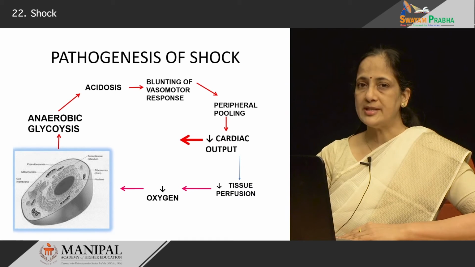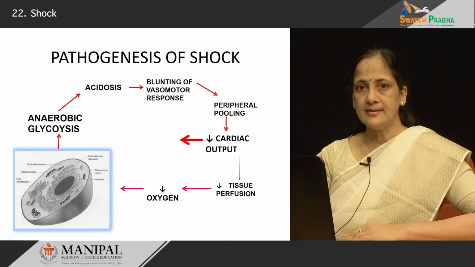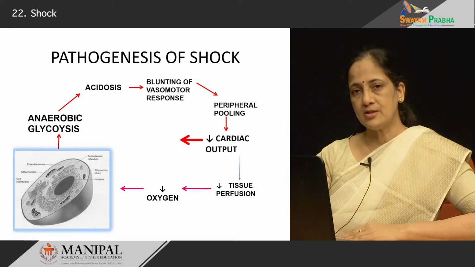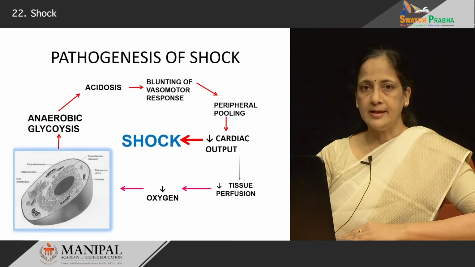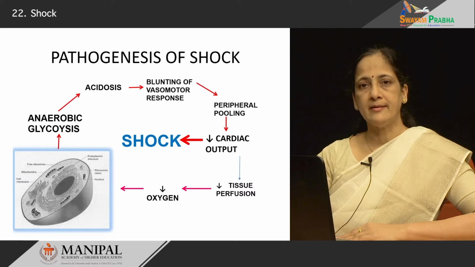This in turn will decrease the venous return to the heart and therefore reduce the cardiac output, and that is going to again cause decreased tissue perfusion and decreased oxygen supply to the cells. In essence, these are the various mechanisms that come together in shock, which ultimately results in multiple organ failure and death of the patient.